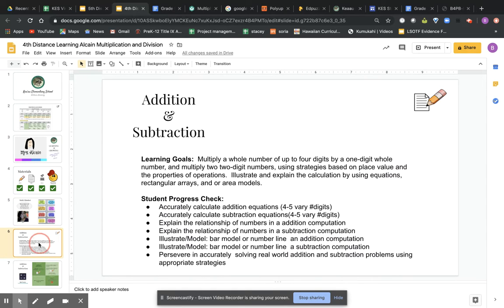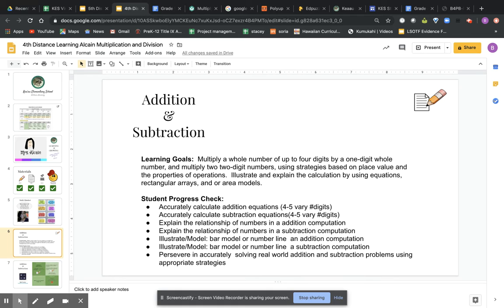to the next slide. This week you're looking at addition and subtraction. And this page will give you a little bit more focus, so you can come back to see where you are at and know where you have to go. We're going to look at accurately calculating your addition equations, accurately calculating your subtraction equations.